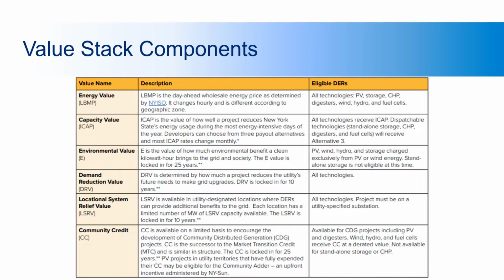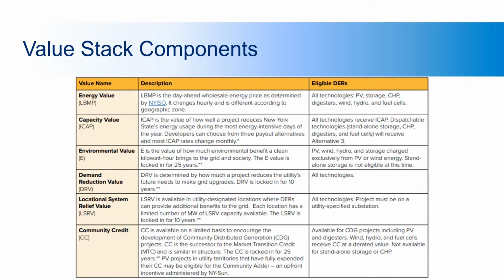The capacity value, also known as ICAP, is also available to all projects and represents how well a project can meet or reduce the statewide peak energy consumption. There are three different payment options known as alternatives 1, 2, and 3.